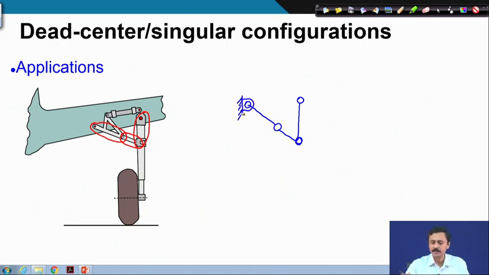So, this is the 4R chain in which this link and this link, they are now collinear. Therefore, this mechanism is now in its dead center configuration or singular configuration.